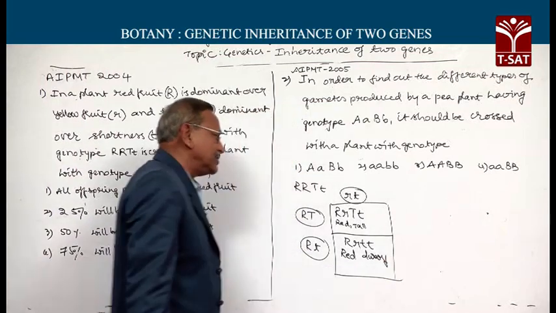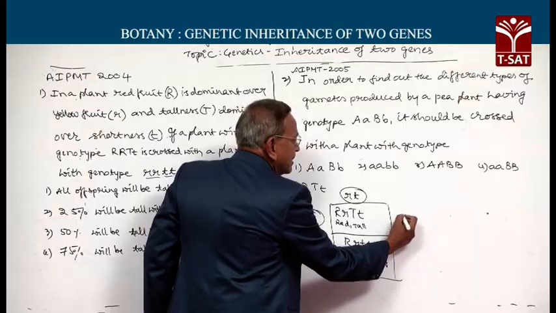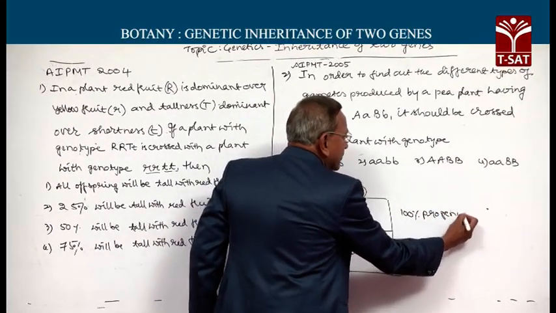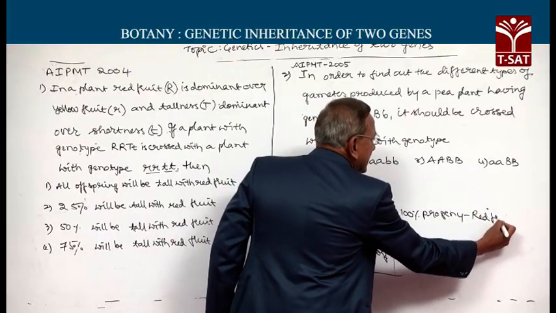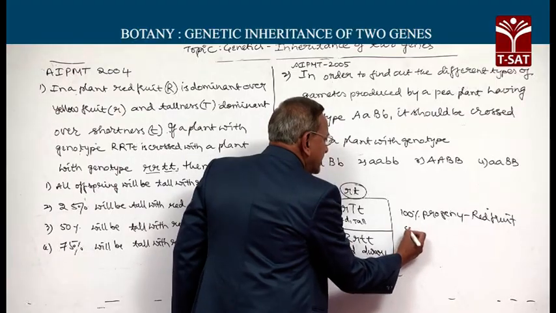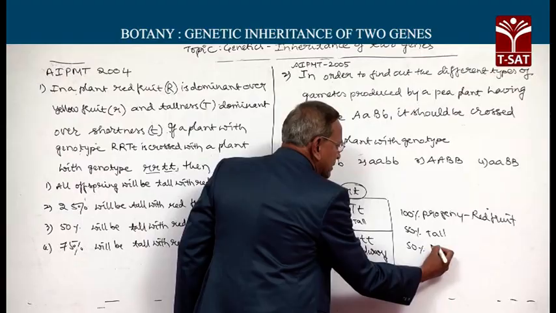So of the total progeny, 50% will be tall, 100% of the progeny red. Red fruit is there in all, and 50% tall, remaining 50% dwarf.